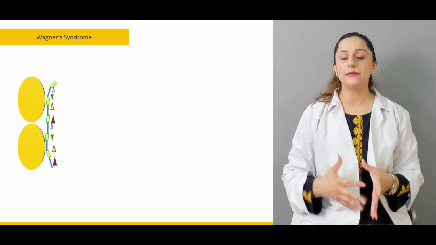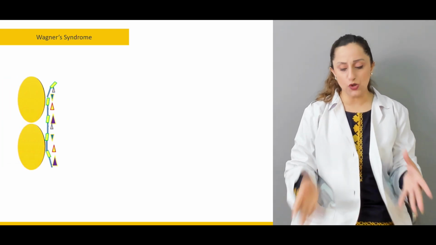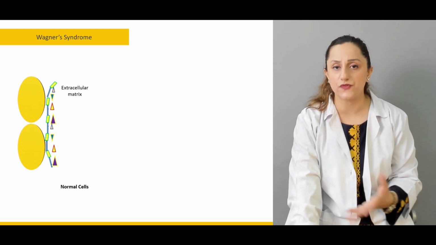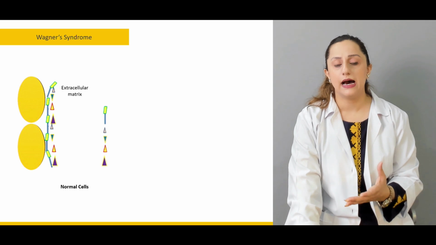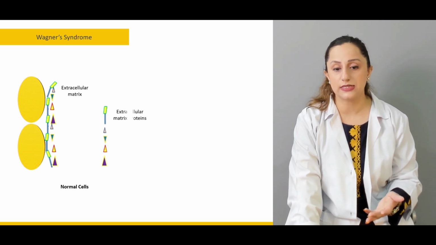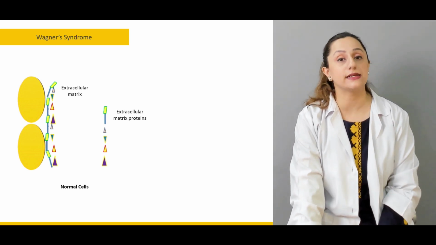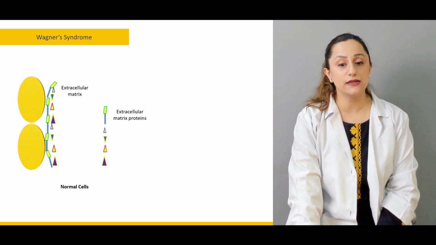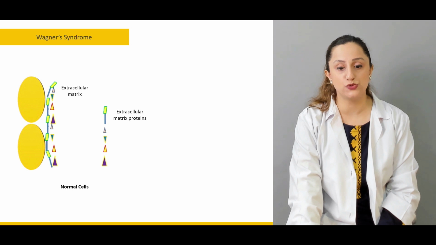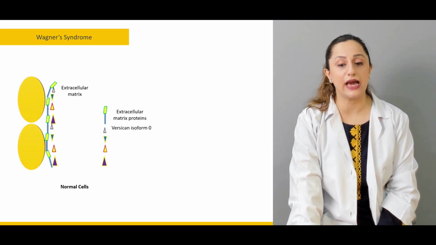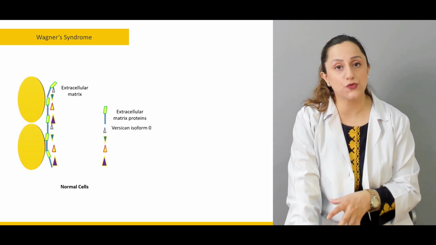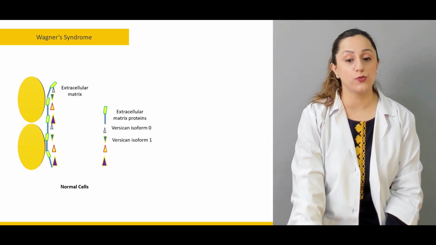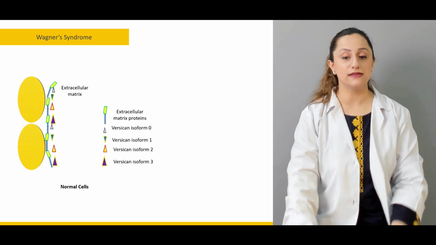Now, what can be the pathogenesis regarding the normal appearance of the extracellular matrix that is present in the retina? What are the components present in the extracellular matrix? It is the extracellular matrix proteins that are usually present over there, and then we have the versican isoforms 1, 2, and 3.